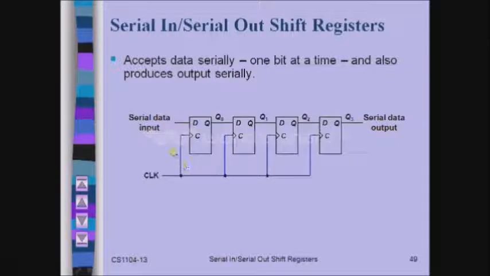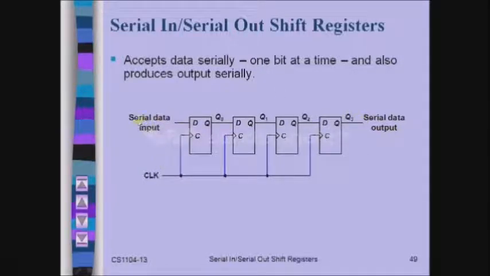Okay, and during the third rising edge, I am giving the input as 0. Now this 0 is processed by this first flip-flop, and Q0 was 1 in the earlier stage, therefore that 1 is processed by this flip-flop, and Q1 was 1, therefore that is processed by this flip-flop, and Q2 was 0, then that is processed by this fourth flip-flop, therefore the output Q3 now is 0.